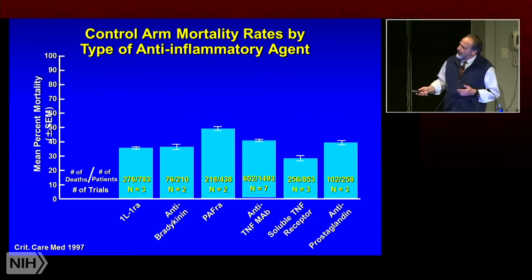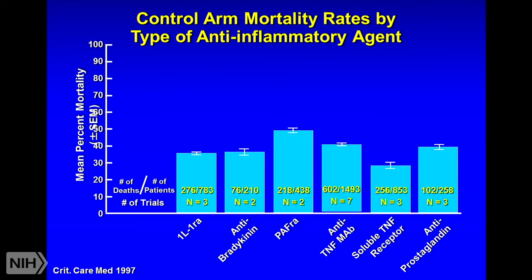The IL-1RA, the antibiotic and the PAF, and this is very unusual, they all had about a mortality rate in the 30s. So the control mortality rate was very low, about 30%. And so the question we asked, so you have the small effect of about a 2% benefit done at the same control mortality rate at 30%.